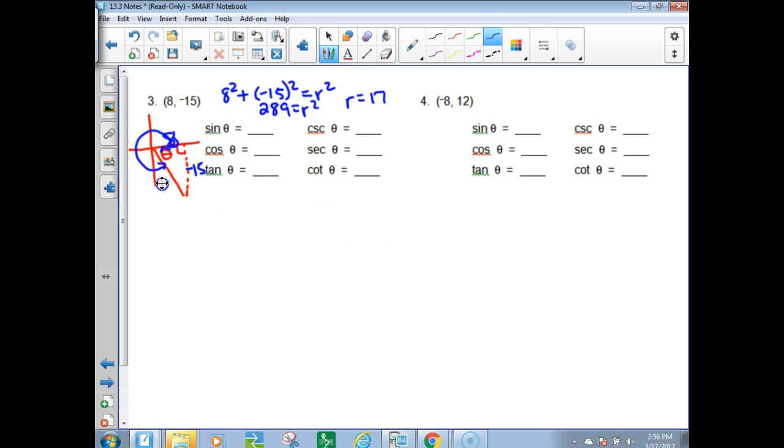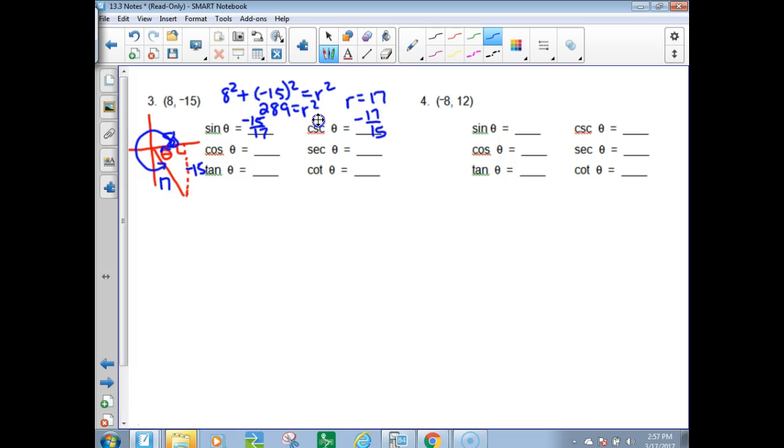All right, with r being 17, we'll just go through our 6 trigonometric functions of theta. So sine, negative 15 over 17. Absolutely. Negative 15 17ths. Then why don't I just flip it over right now? And that would be negative 17 15ths for the cosecant.